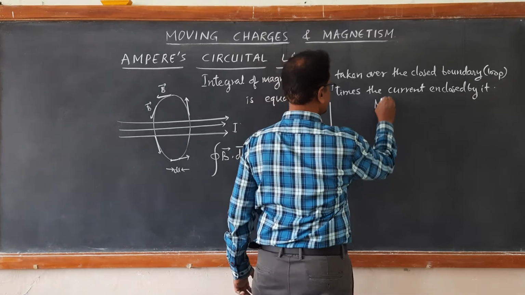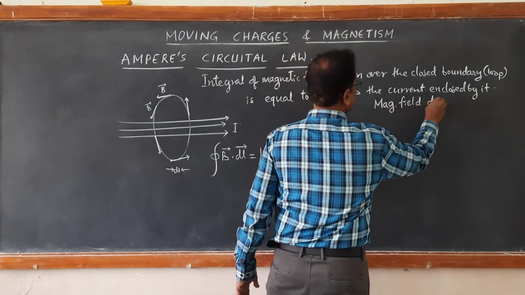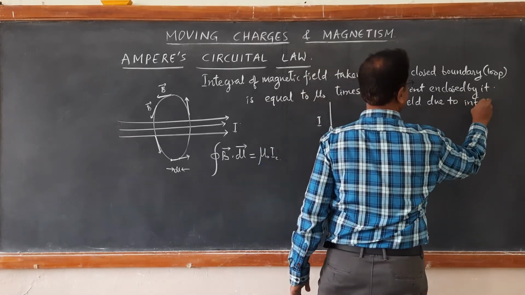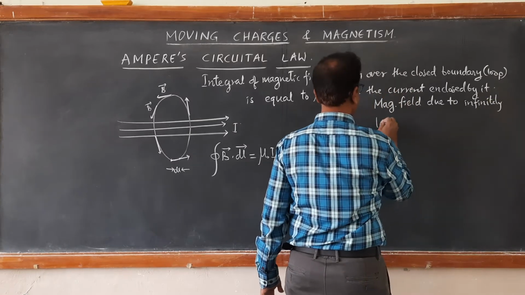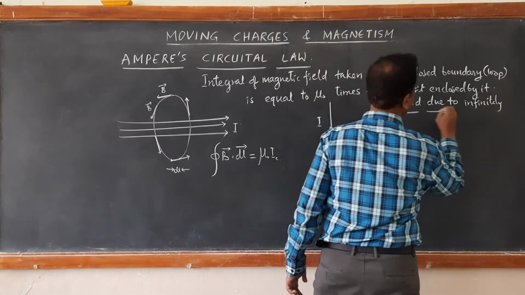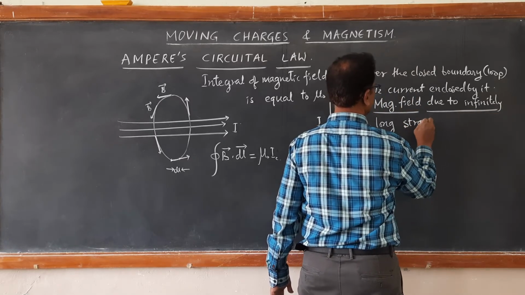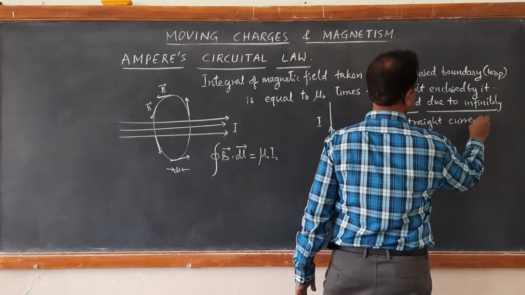So we want to find out the magnetic field due to an infinitely long straight current carrying conductor.